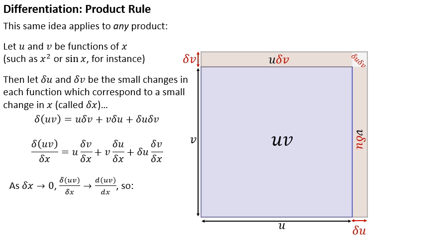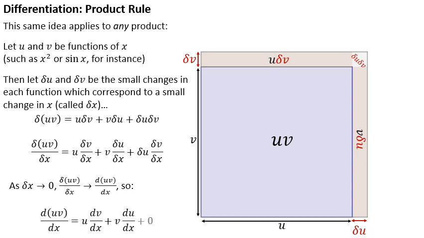Now, like we said, as we shrink these infinitesimals towards zero, the small change in uv and the small change in x, the ratio of those tends towards the derivative of uv with respect to x.